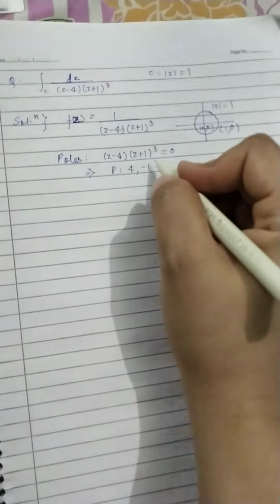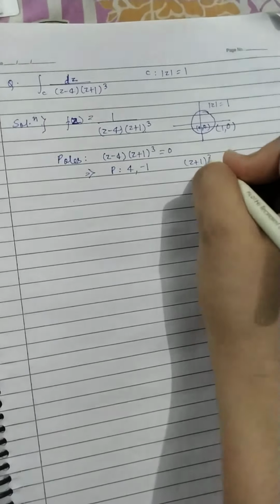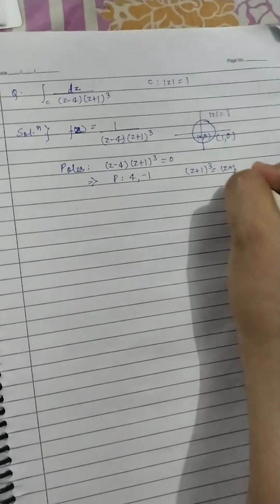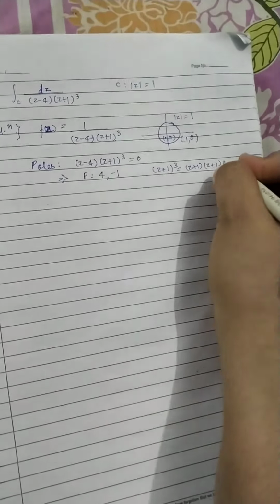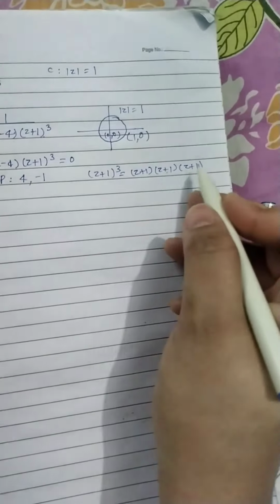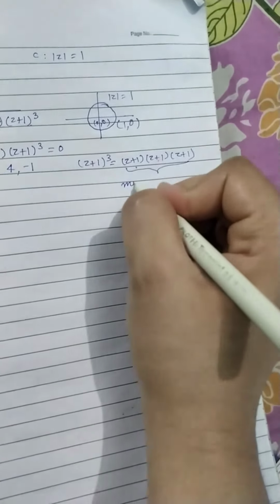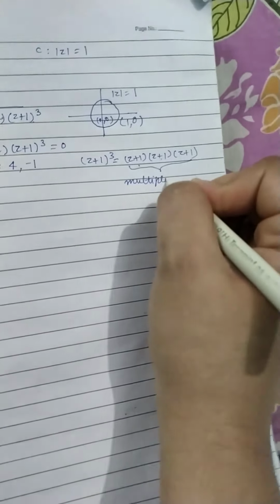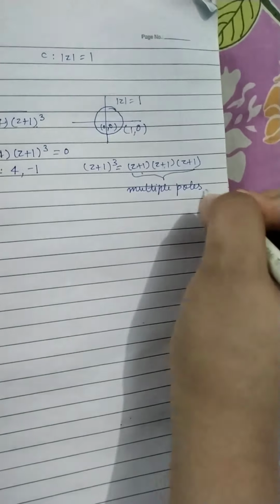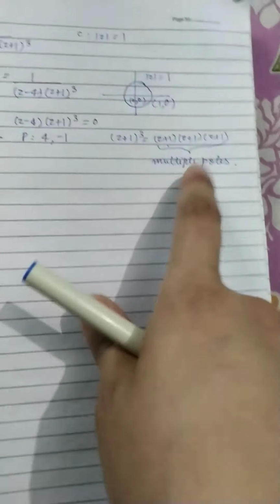Now here, z plus 1 whole cube means z plus 1, z plus 1 and then z plus 1. So here we have 3 poles at minus 1. This is the condition of multiple poles, and we will see how we solve multiple poles.